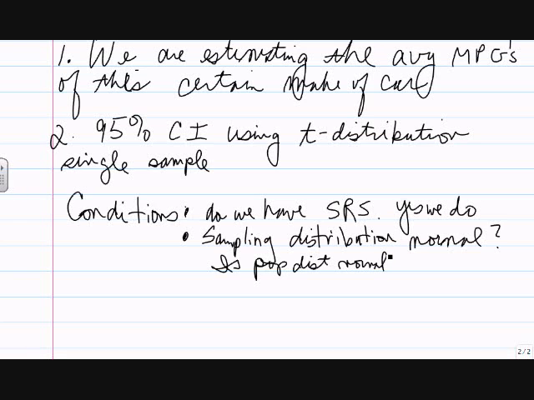If yes, if I know my population distribution is approximately normal, then I'm okay. If I get a no for that, then I need to ask, is my sample size large? And I heard a distinct no, because my sample size is 20.